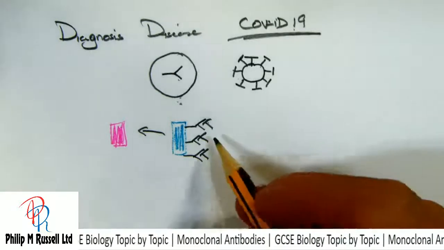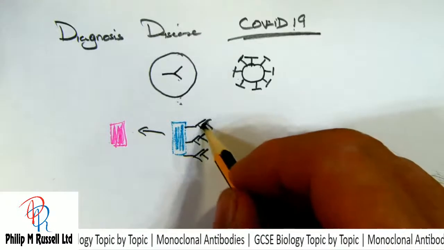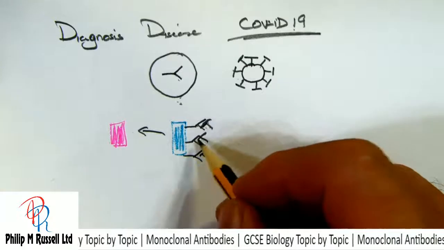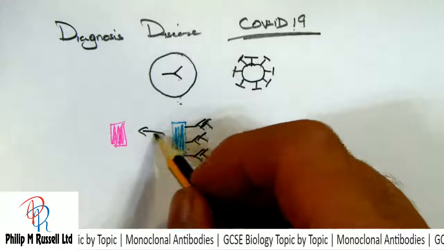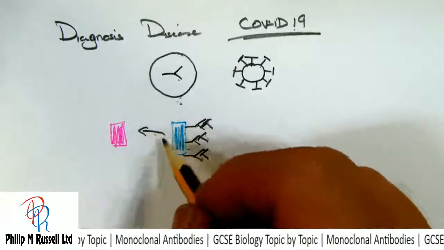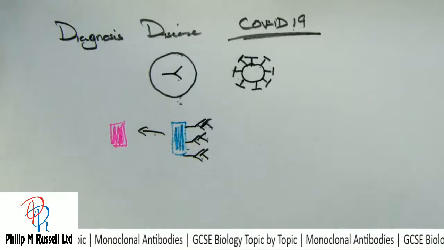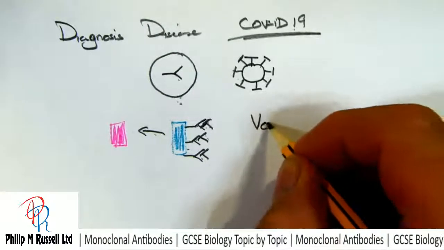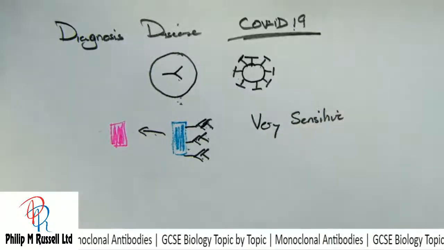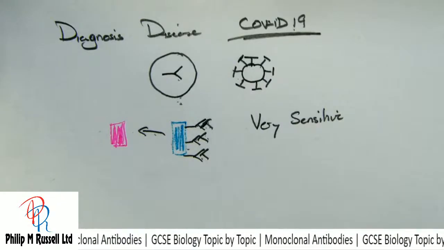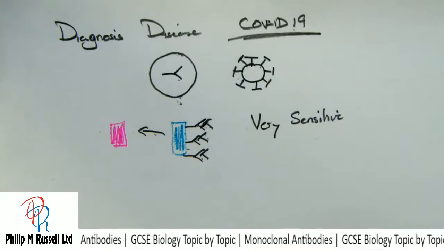So if these antibodies, in this case, you've made some antibodies, you've got an antibody here which is picking up the antibody, and if it is, then it will stick to something and it will change colour. So we can see how these work. Now these are basically very sensitive. In fact, they are so sensitive they work on just a few molecules, so they're pretty good here.